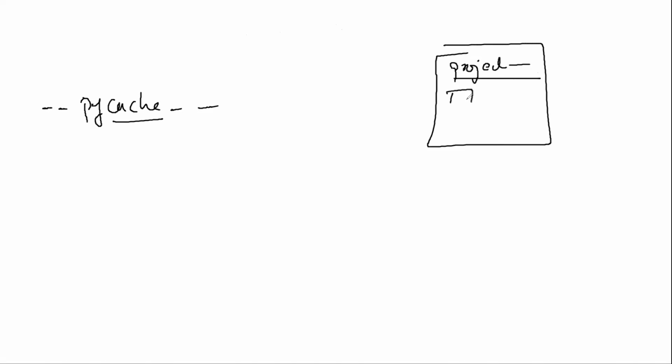Whenever you create a project, right, for example, this is my project, and in this project I have a .py file. When I compile this, just give me a second. Yes, Sunil, I will answer that question for you.